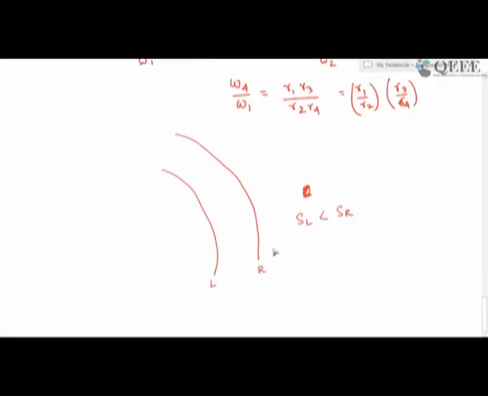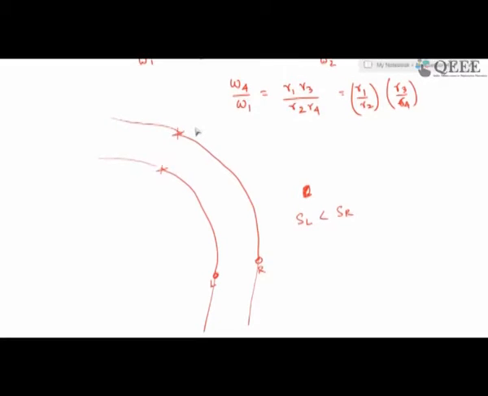So if both the wheels have to complete the motion at the same time, let's say I was traveling on a straight path and then I have to take a bend in the left direction, then from this instant to this instant, if the left wheel has traveled SL, the right wheel will travel a greater distance, which means the right wheel must rotate faster such that in the same time it can complete that greater distance, right?